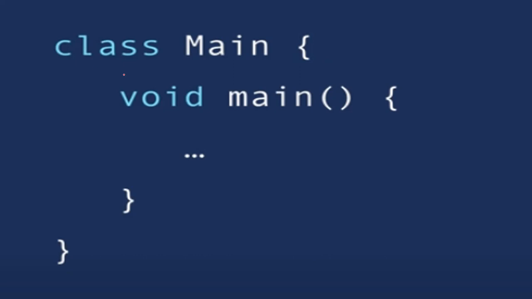Every class contains a main function, which you see is a void main. A program contains a main class, and a main class contains one function as well. This is a simple syntax with an opening brace and a closing brace as well.